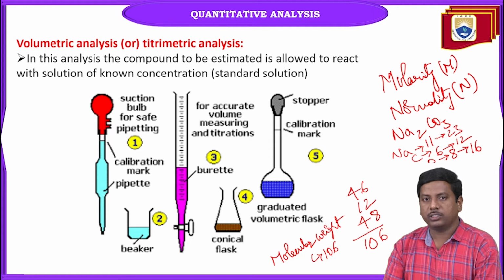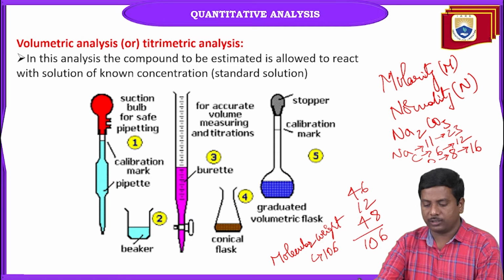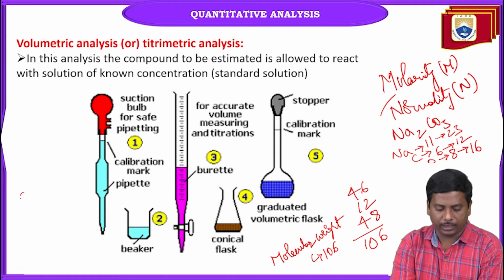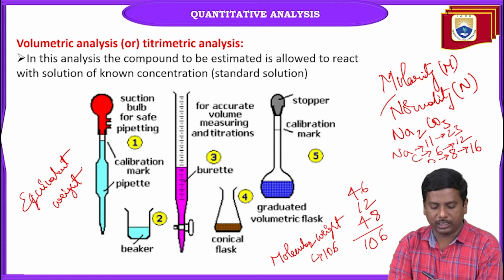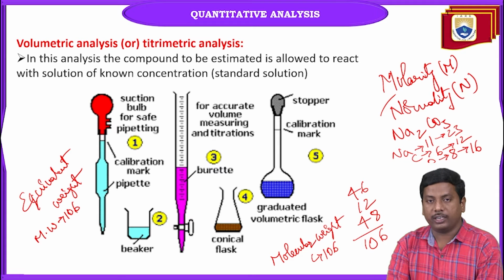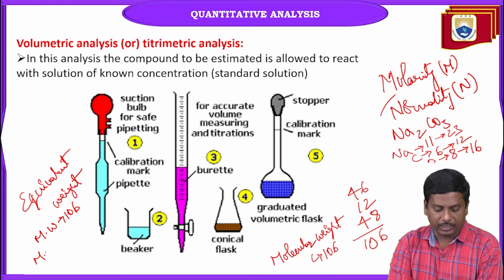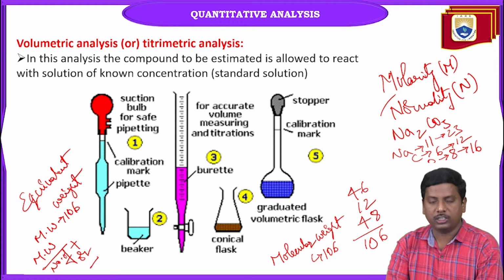Molecular weight is 106. Now, for the purpose of normality, we calculate the equivalent weight. Equivalent weight also comes from the molecular weight, divided by the number of cations or number of anions.